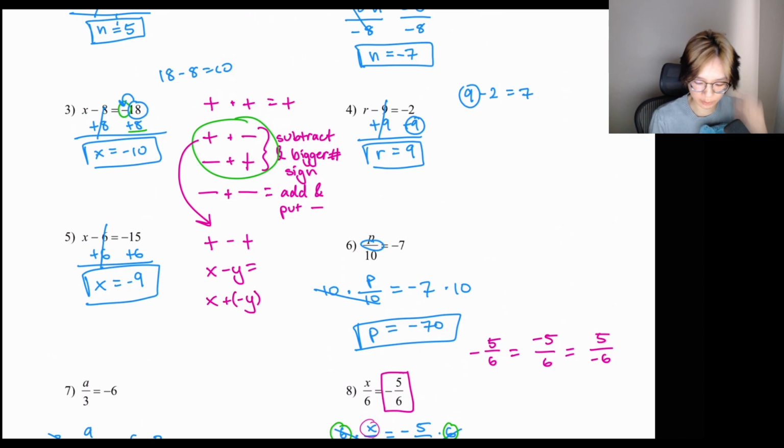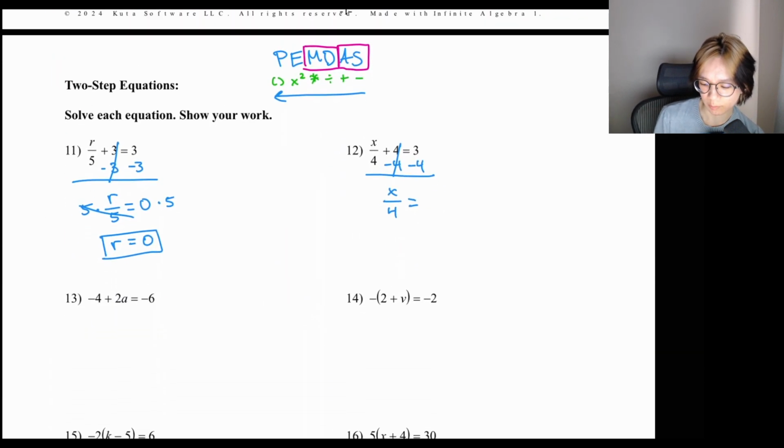So a positive number adding a negative number, same thing as subtraction. You subtract them like normal, bigger number takes the sign. 4 minus 3 is 1. Which number is bigger? 4. Is it negative? Yes, technically subtraction. So negative 1. Now we have x over 4 equals negative 1.